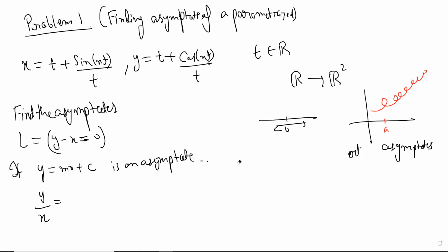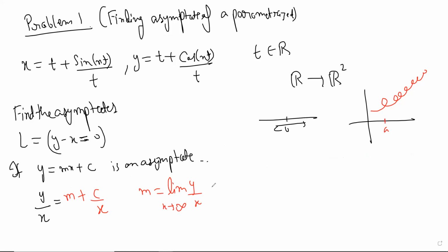Okay, so that's clear. Now the point is that if there is a slanting asymptote, so the M is, then how can we get this, right? So, well, you can then see that this is Y by X. And so basically the M is equal to Y by X when maybe you can say X goes to infinity.